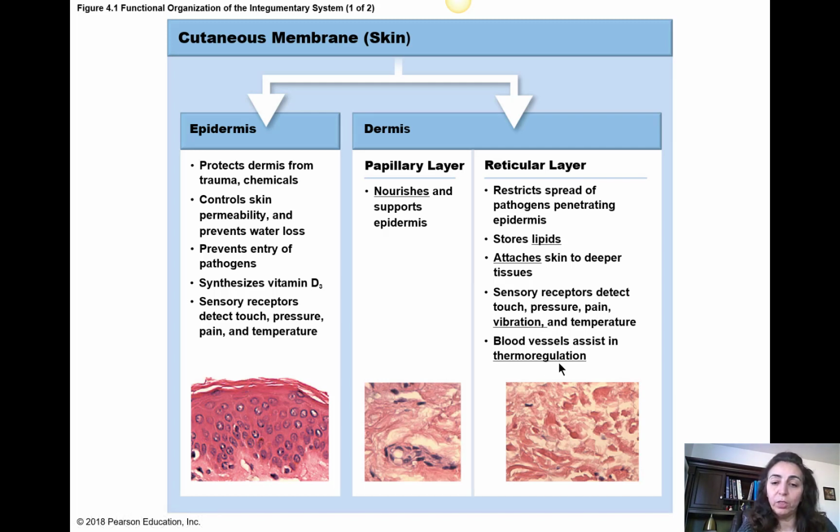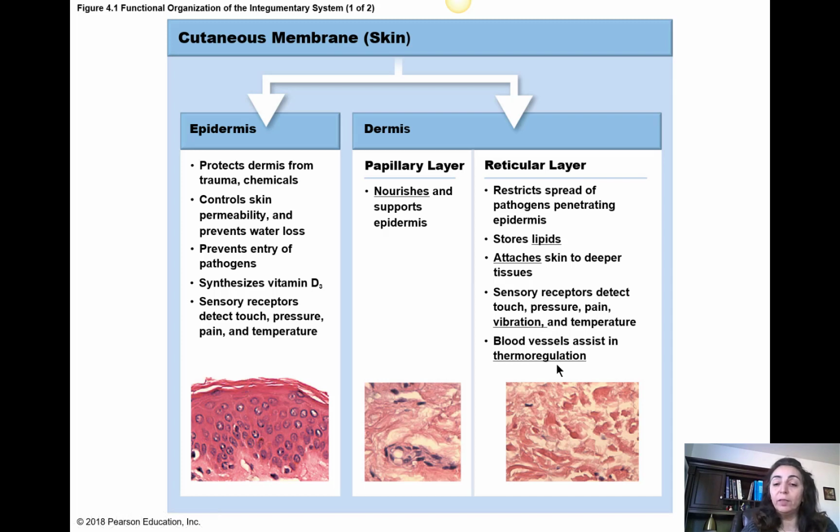Thermoregulation means regulation of the temperature, right? So that's a big part that we have as one of the main functions of the skin, because we have big blood vessels deep in this layer, between the reticular layer and the subcutaneous layer.